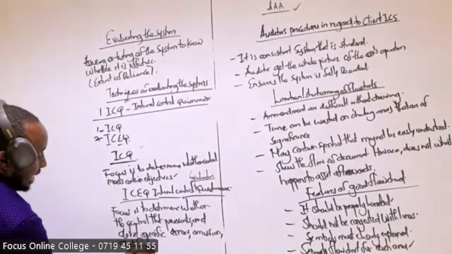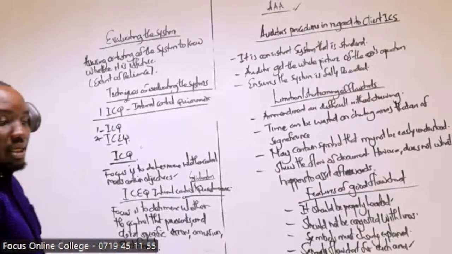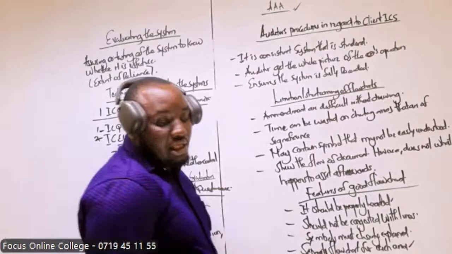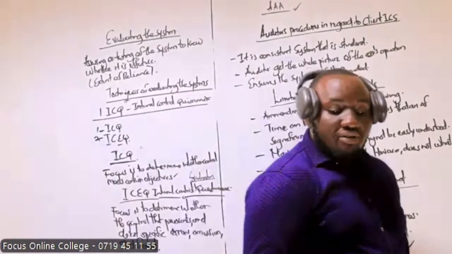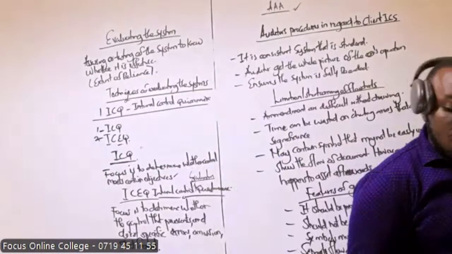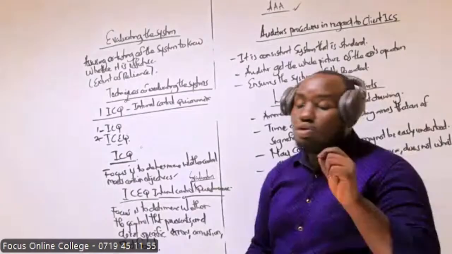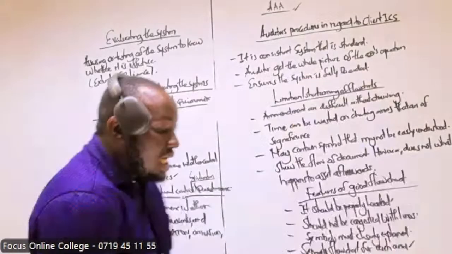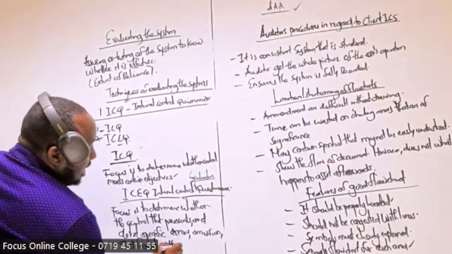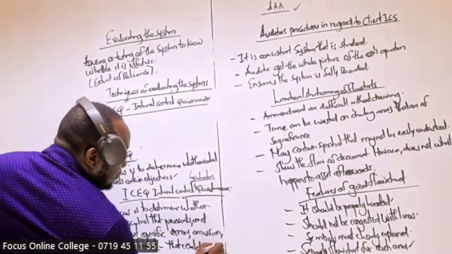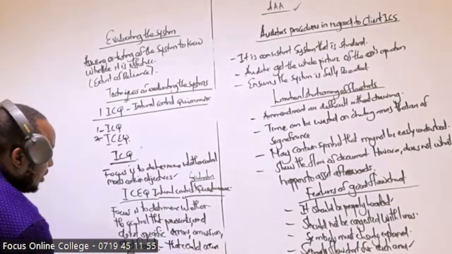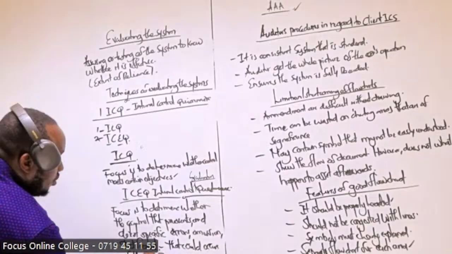You say that these fraud, errors, and omission could occur if there were no control altogether.